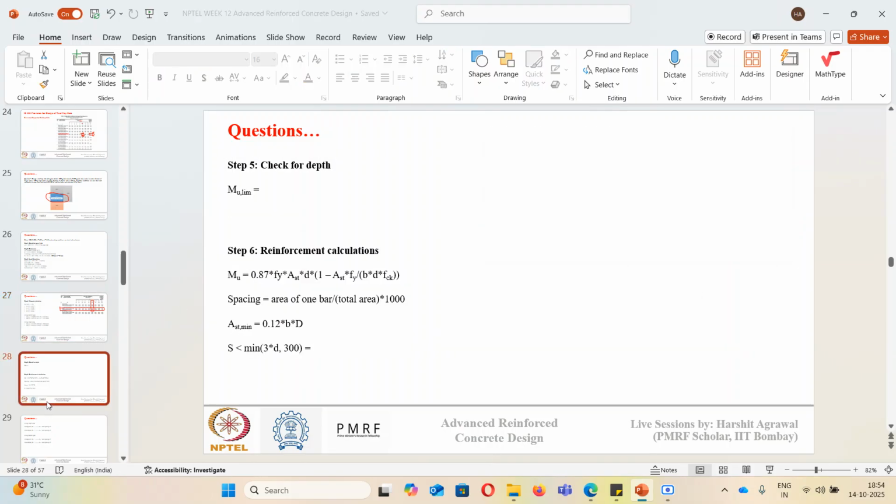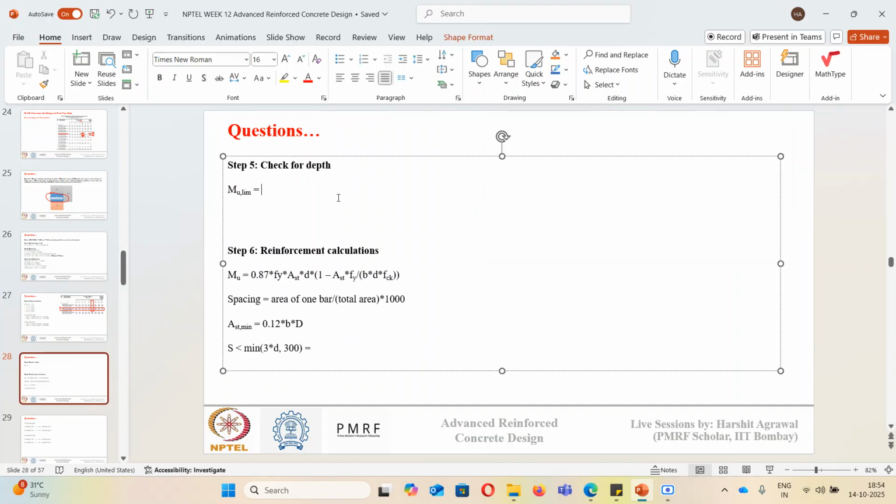Once we calculate the moment, we can check for Mu limiting. For Fe 500 grade steel, Mu limiting will be given by 0.333 fck bd square.